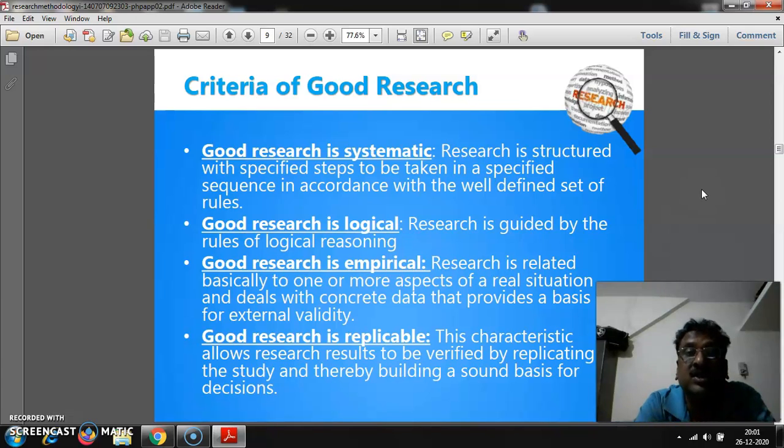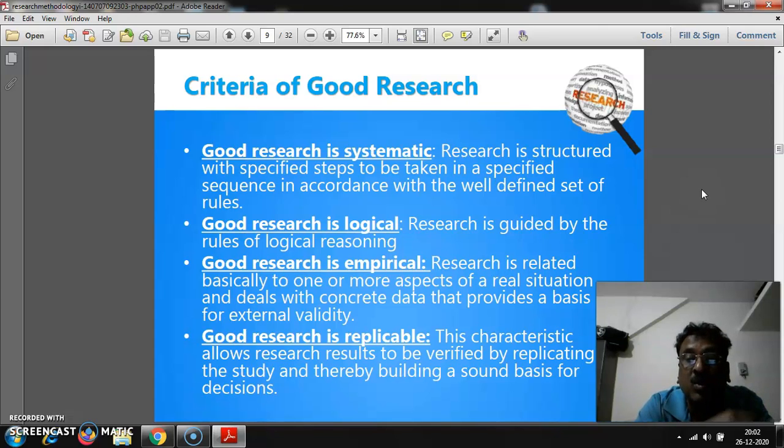Good research is systematic. Research is structured with specified steps to be taken in a specified sequence in accordance with a well-defined set of rules. That is, it should be within a particular area or framework, also called a particular jurisdiction.